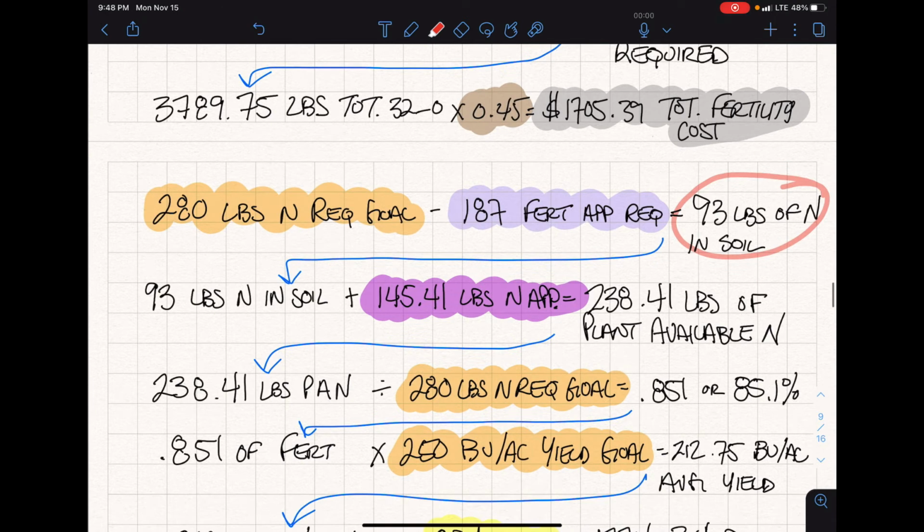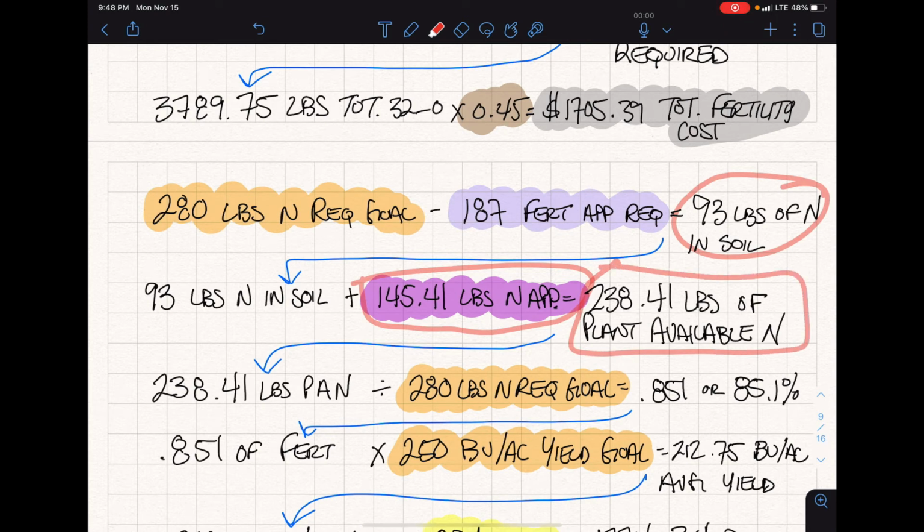So if we know we already have 93 pounds in the soil, we can drag that number down and add our application that we're using for our blanket rate to find that we would have a total of 238.41 pounds per acre of plant available nitrogen.